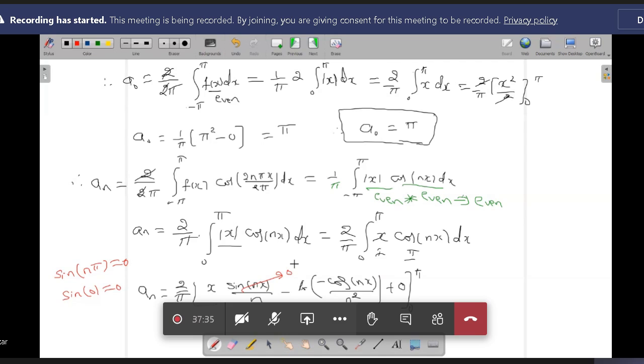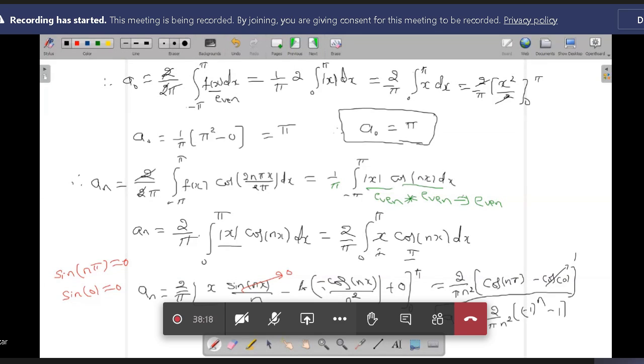Okay, so now after simplification, minus into minus is plus, and n square is constant, I can take it outside, so this becomes 2 divided by pi n square into upper limit cos n pi minus cos 0. Cos 0 value is 1 and cos n pi value is minus 1 power n. So therefore an becomes 2 divided by pi n square into minus 1 power n minus 1.